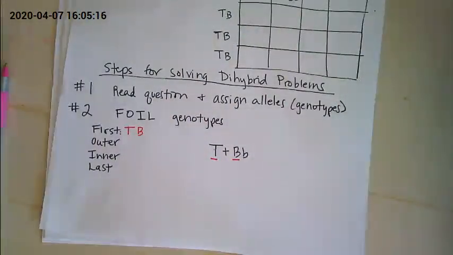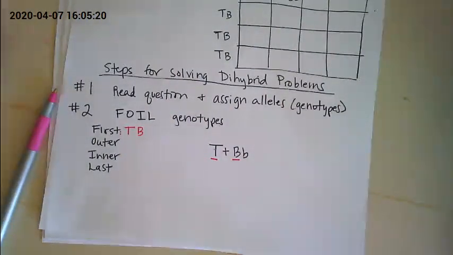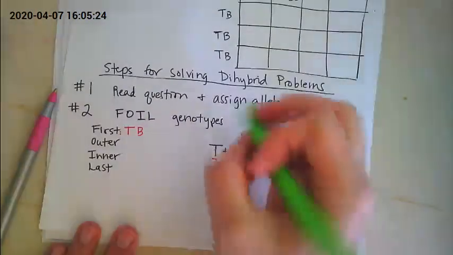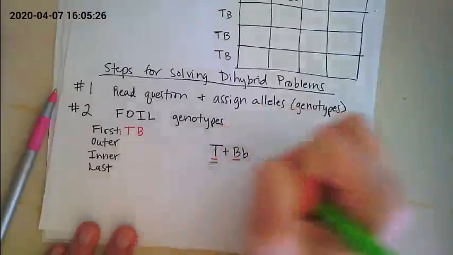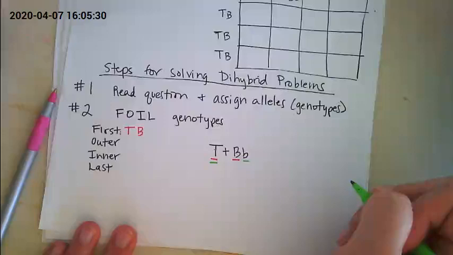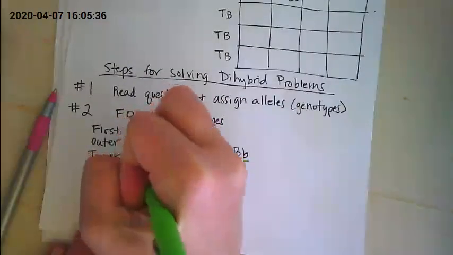The next one, I'm going to switch pens again, is outer. Those are the letters on the outside of the genotype, so this big T and the little b. Outer: big T, little b.